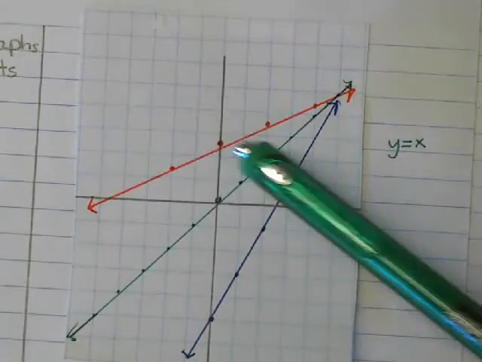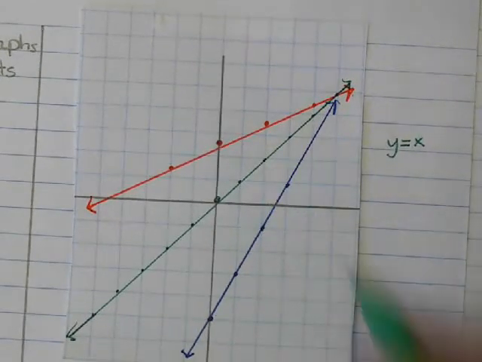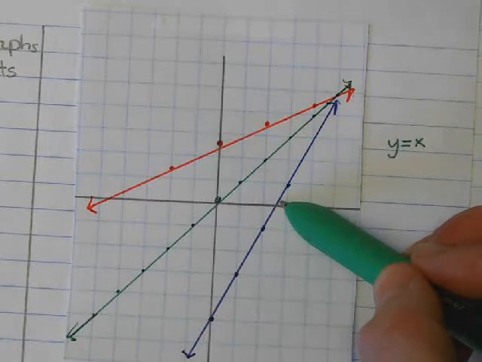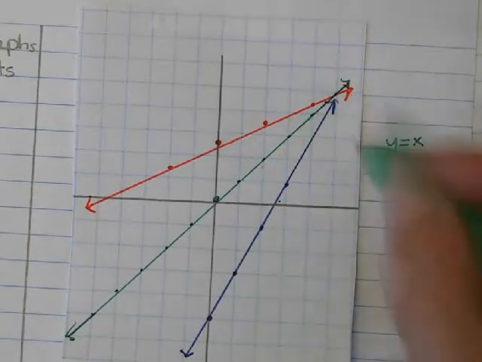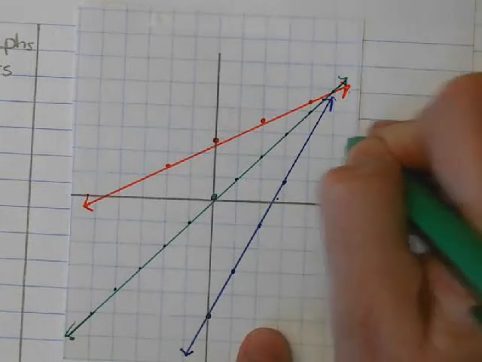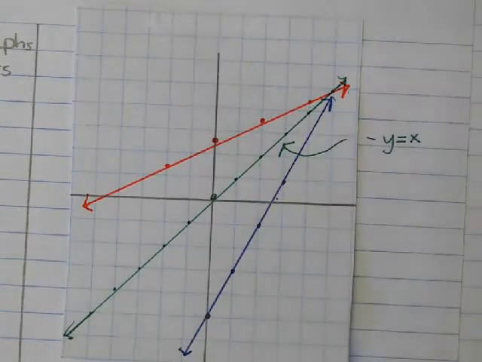Okay, so now, probably kind of hard to tell, but these lines are reflections of each other over this line. This is the y equals x line.